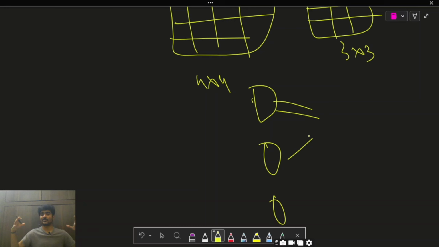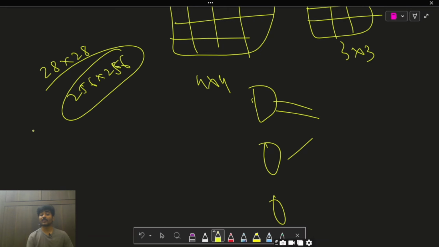I'll be having more rows in an image, like 28 cross 28 or 256 cross 256. So when I flatten, the input dimension increases, and the number of weights in my first hidden layer increases a lot.